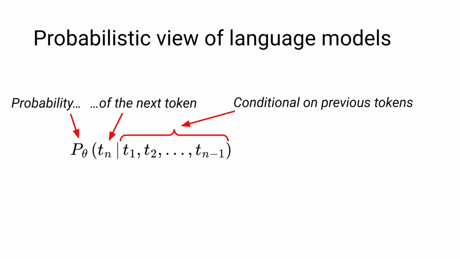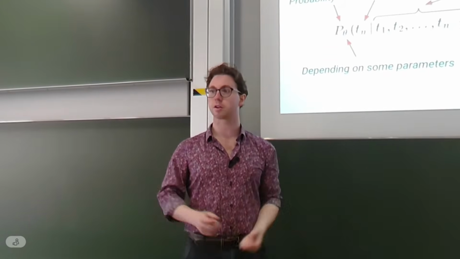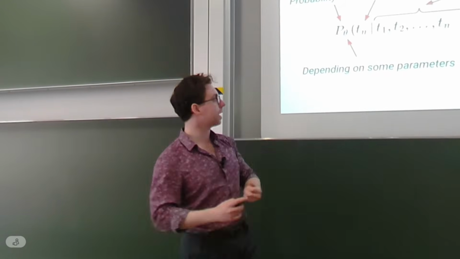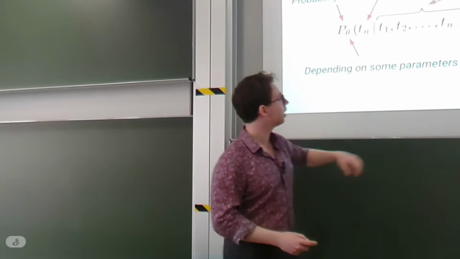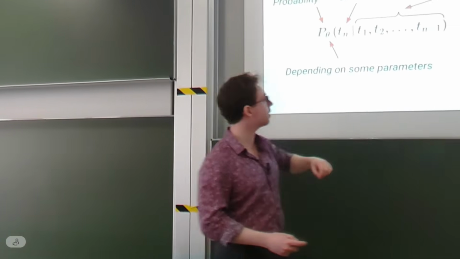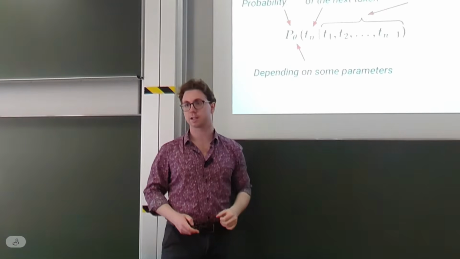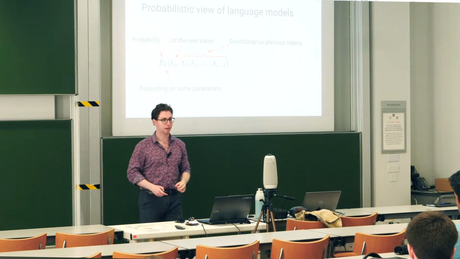T_1 up to T_{n-1} are the previous tokens in the sequence, T_n is the next token, and my language model is just capturing what's the probability of this next token given all these previous tokens, right? And the theta here indicates that generally my language model has some parameters to it. So these are some variables that exist within the language model that can be changed to change this input-output mapping of sequences of previous tokens to probabilities over next tokens, right? Any questions?